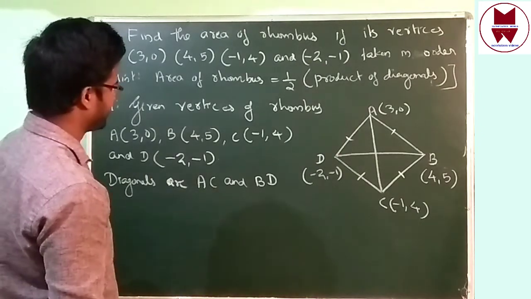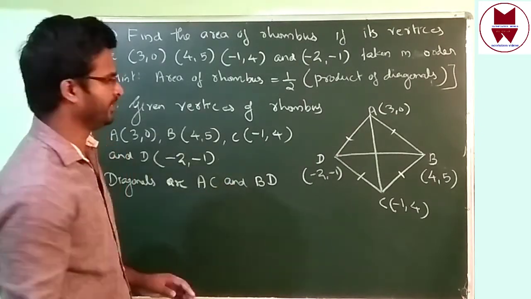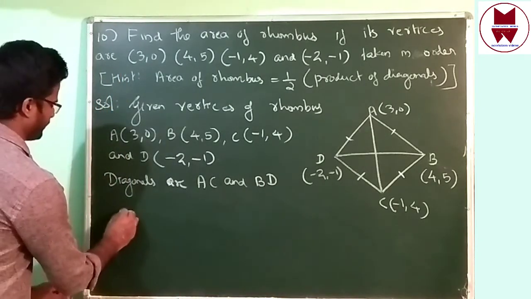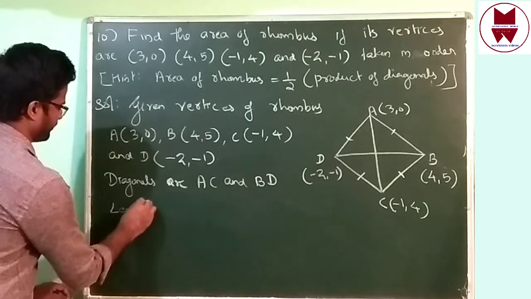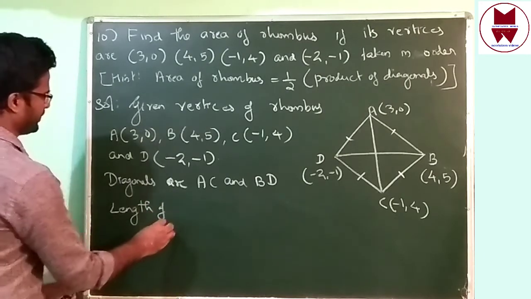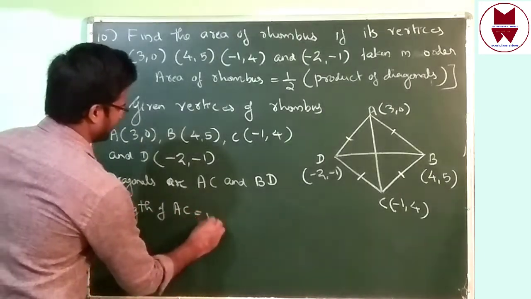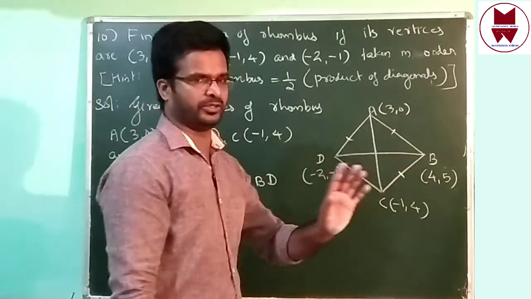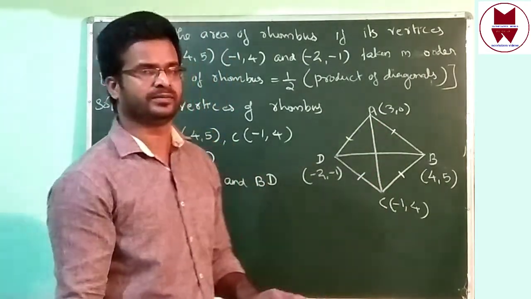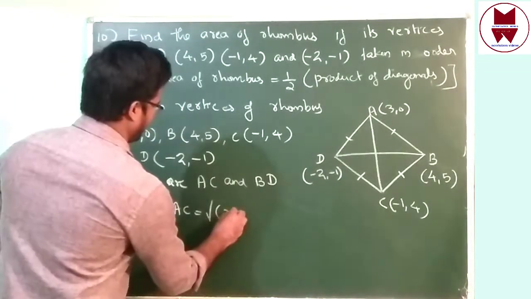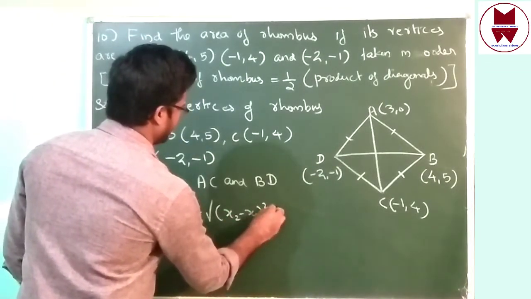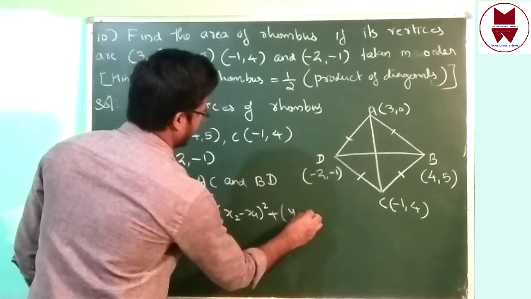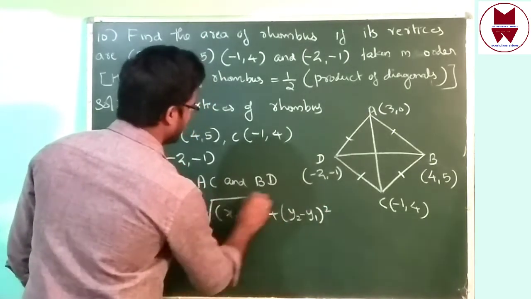Then length of AC equals square root of, we will consider A and C. Already you have studied one formula, that is the distance formula, x2 minus x1 square plus y2 minus y1 square, in the previous exercise.